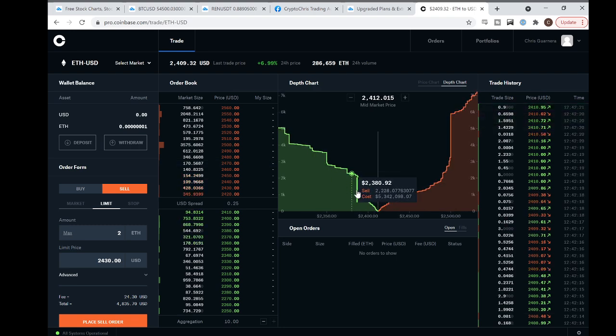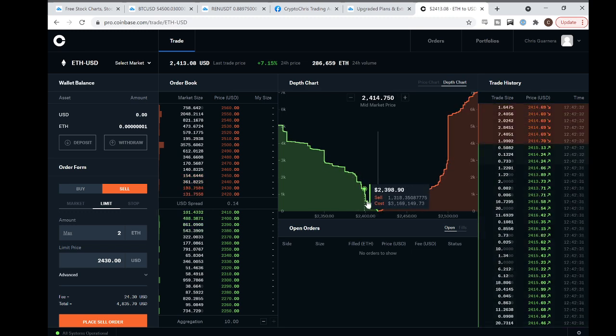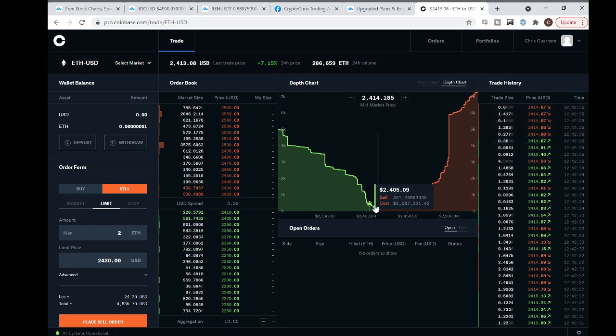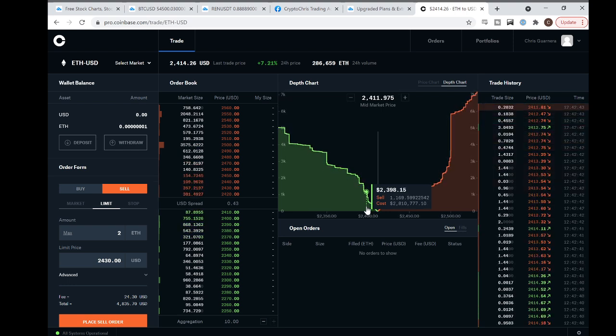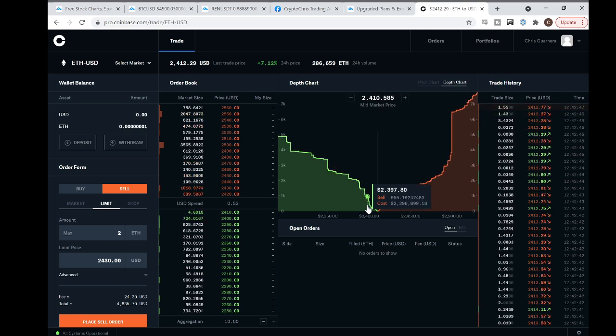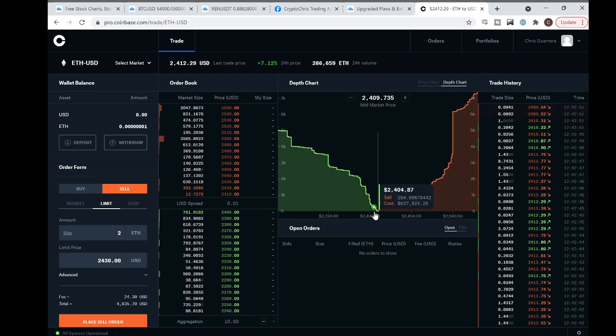These massive walls are the visualization of the orders that are currently on this site. So all these people over here are trying to buy Ethereum, and it shows you, like at $2,400, which is $14 less, there's currently $2 million worth of US dollars sitting here waiting to buy Ethereum.